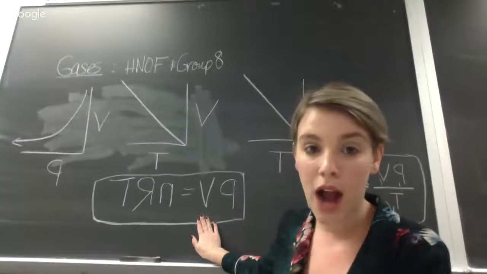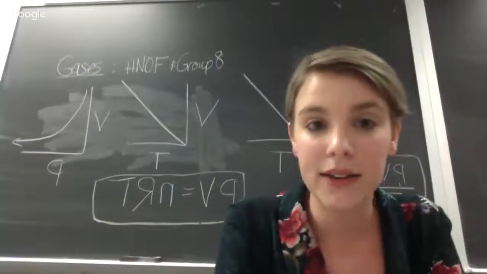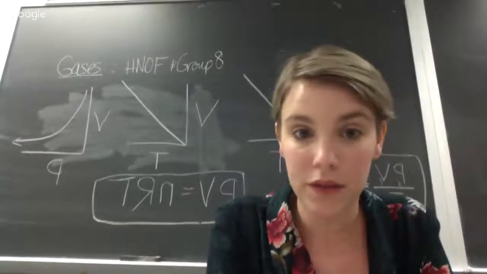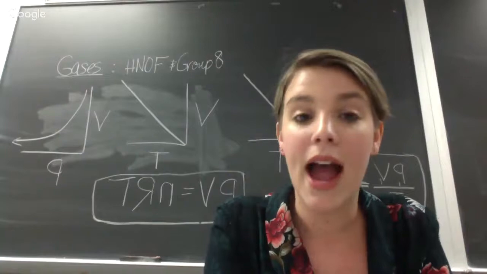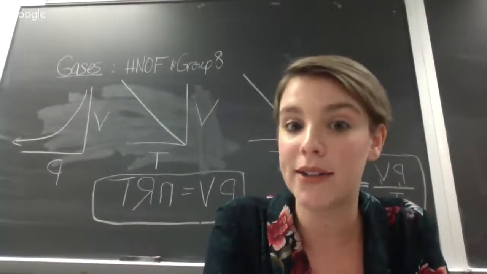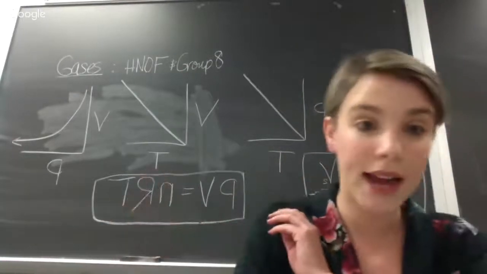So this is for ideal gases only. Ideal gases have no intermolecular forces at all, and they occupy no volume. So when the question talks about ideal gases, this is the one that you want to use, not any of the other ones.